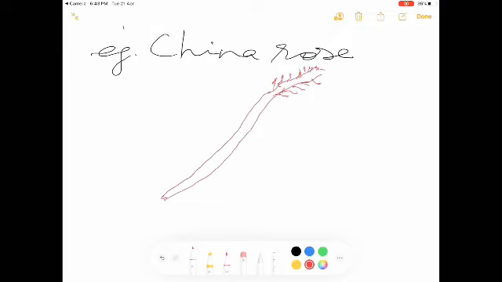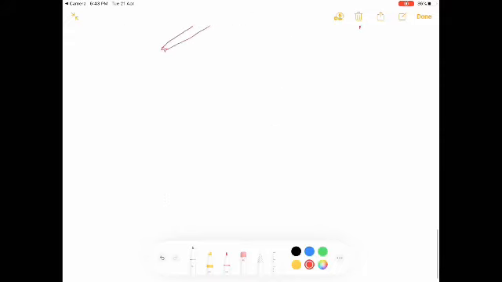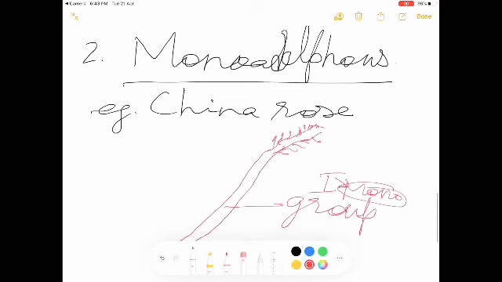So this is one group formation. All filaments are grouped into one. One means mono, and group means adelphous. So this forms monoadelphous. Now you can see here monoadelphous, China rose, forming one group.